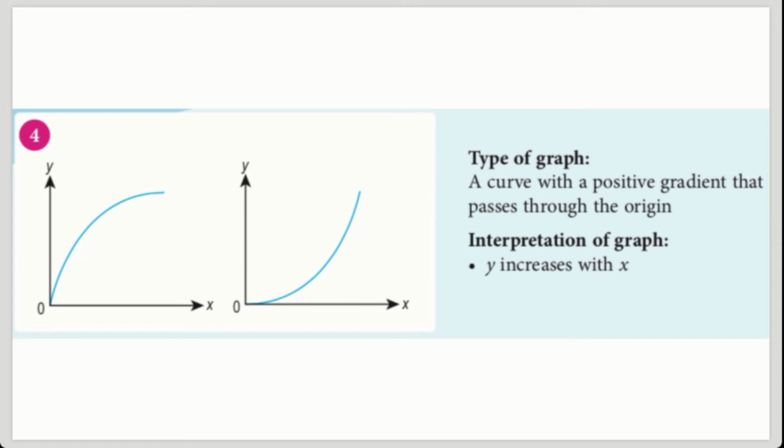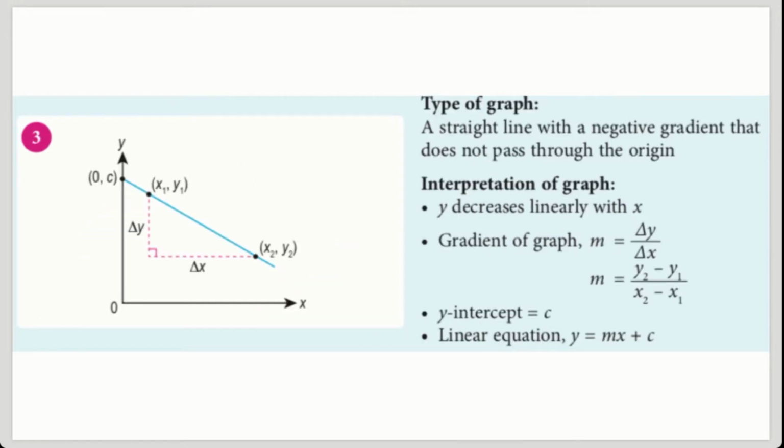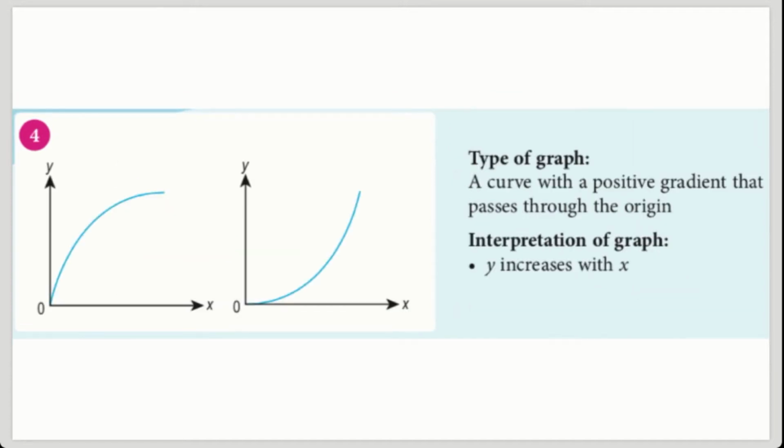Okay? Kalau linear, if the gradient is for example 1, kalau x naik 1, y pun naik 1. Kalau x naik 10, y pun naik 10 juga. That's what we mean by linear. But ini sebab gradient dia tidak tetap, dia berubah-ubah. Mungkin mula-mula x tambah 5, y naik 5.